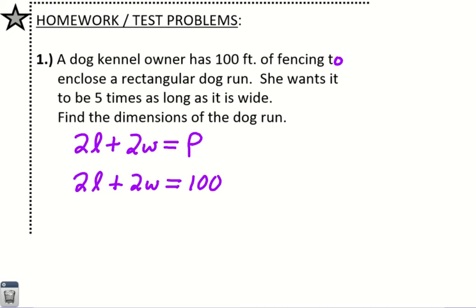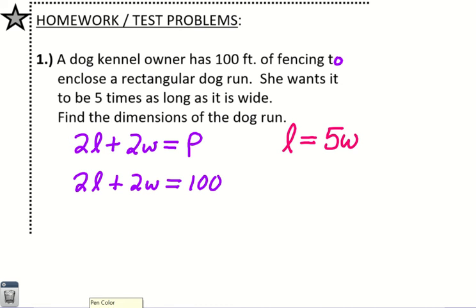So that's where you write a second equation, where we know that if we take 5 and multiply it by whatever the width is supposed to be, 5 times the width is going to equal the length. And that's where we can now invoke the substitution property.